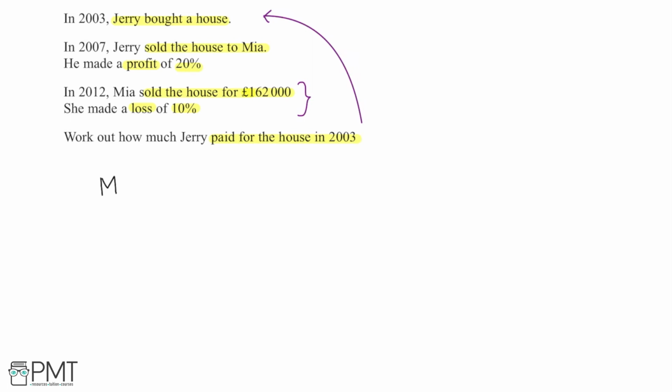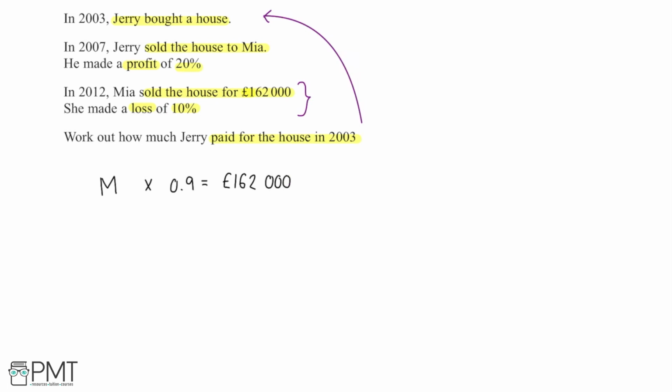If we were to use a multiplier to express this, if she made a loss of 10%, that's 10% less than 100%. So it's like she sold it for 90% of the value that she bought it for. So if we take M being the value that she bought it for and multiply this by a multiplier that's going to give us 90%, so 0.9, that takes us back to the price that she sold the house for, £162,000.